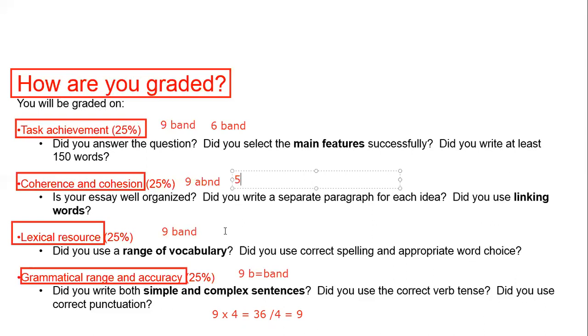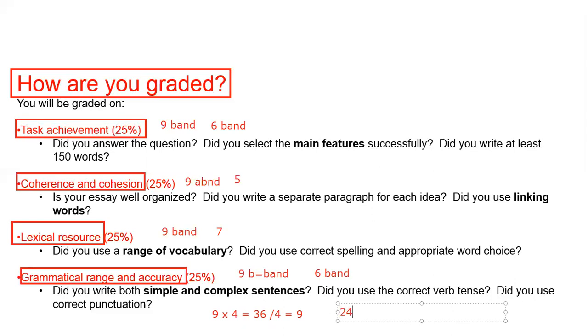In lexical resources, you get 7 band. And in grammatical range, you get 6 band. So now, look here, if you calculate all of them, 6 plus 5 is 11, 11 plus 7 is 18, 18 plus 6 is 24. We scored how much? 24.